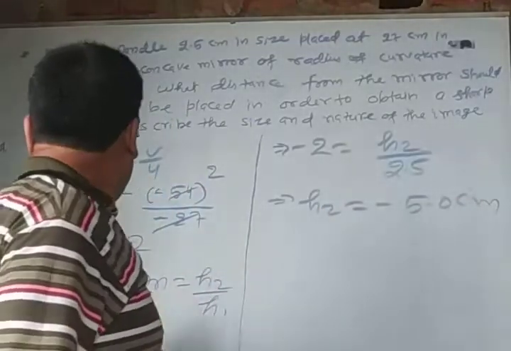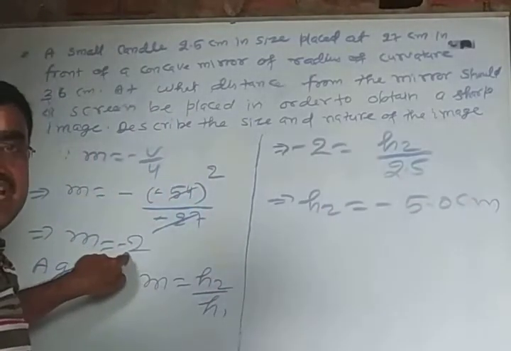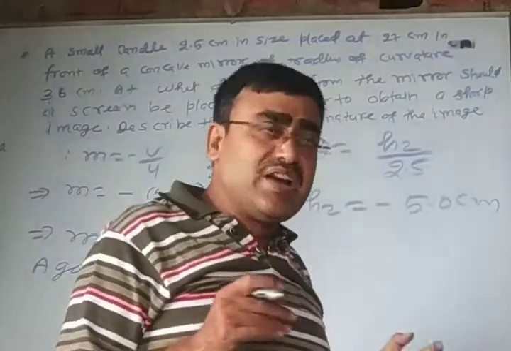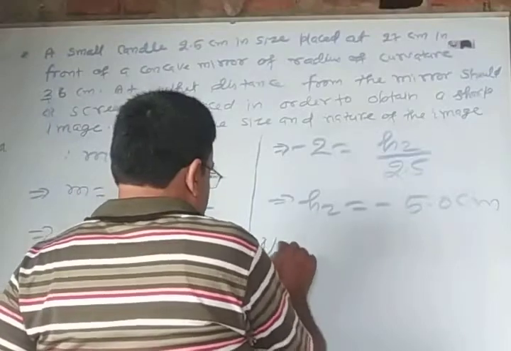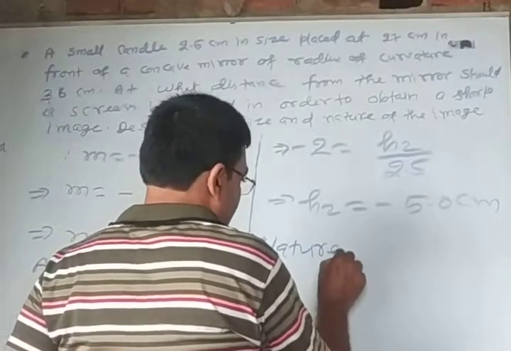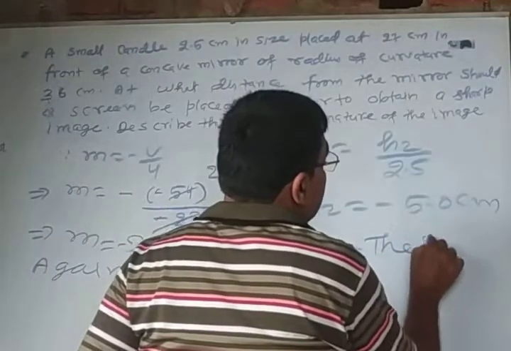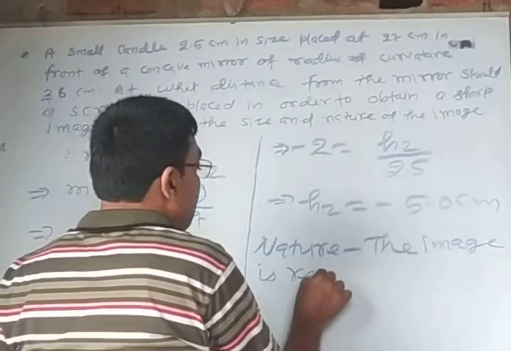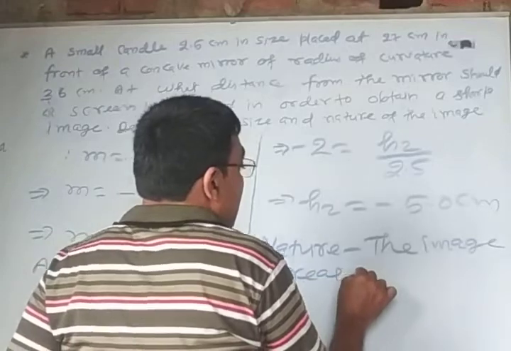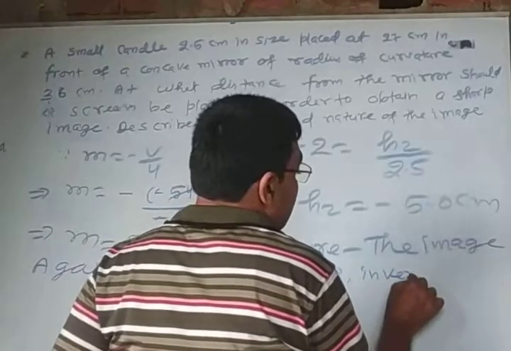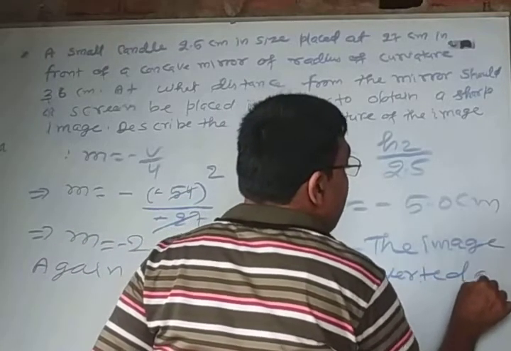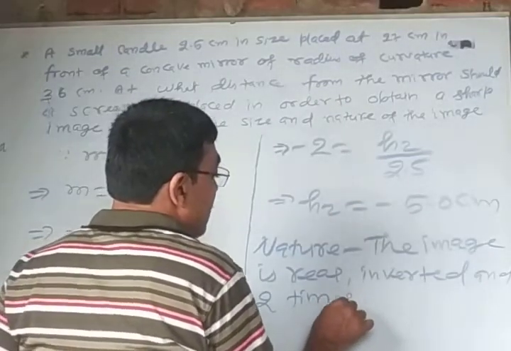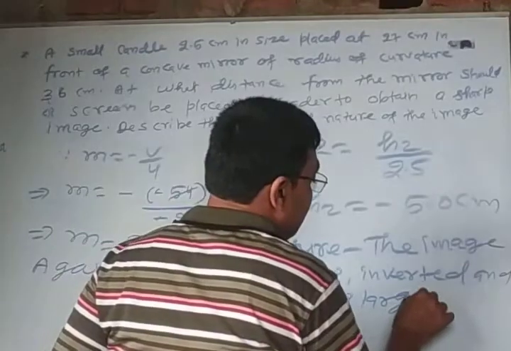Here, magnification is negative. This shows that the image is real. Nature: the image is real, inverted and 2 times larger than the object.